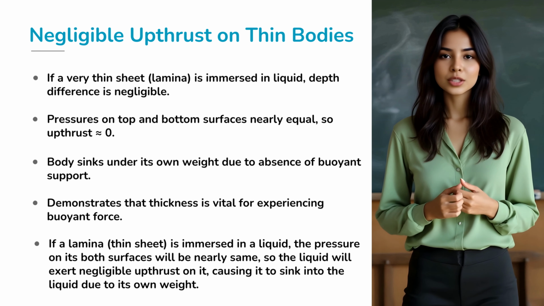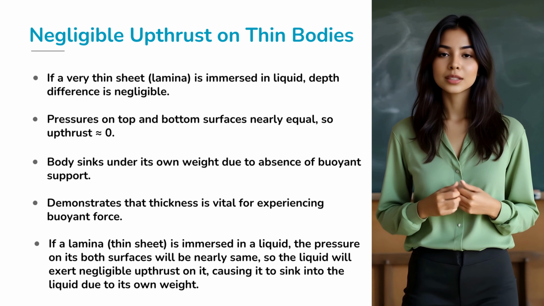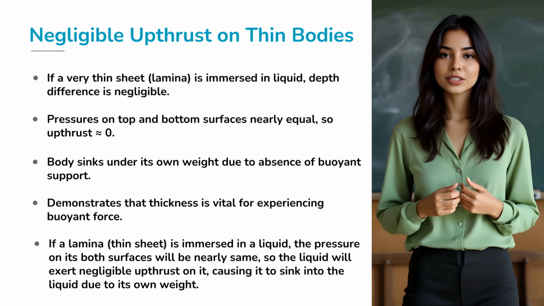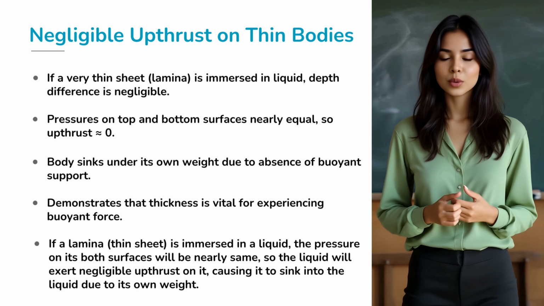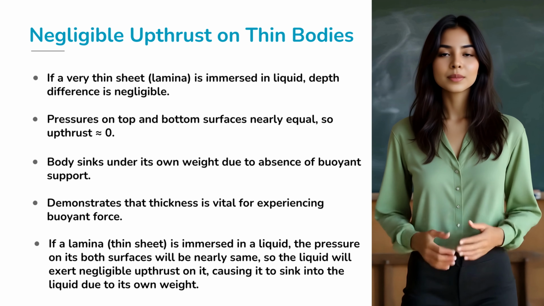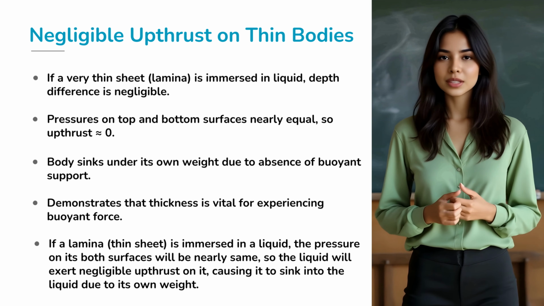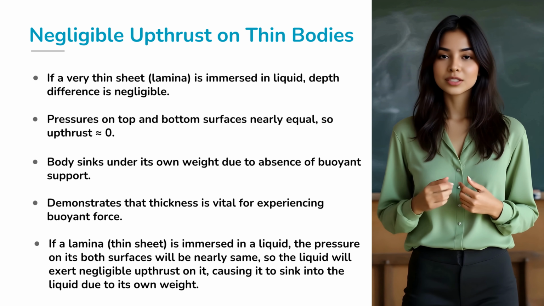Let's take a special case to see this more clearly. Suppose we immerse a thin sheet, like a lamina, in water. Since its thickness is negligible, the top and bottom surfaces are at almost the same depth. That means P2 and P1 are nearly equal. The difference between them becomes so tiny that the upthrust vanishes.